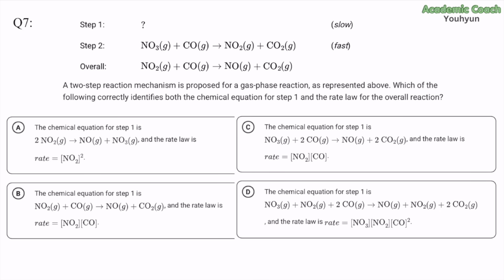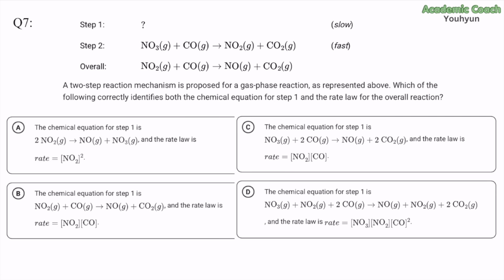Here I have a couple of other questions for you to make sure you fully understood what I just explained. Question number 7. A 2-step reaction mechanism is proposed for a gas phase reaction. Which of the following correctly identifies both the chemical equation for step 1 and the rate law for the overall reaction? So first off, we need to determine the chemical equation for step 1.